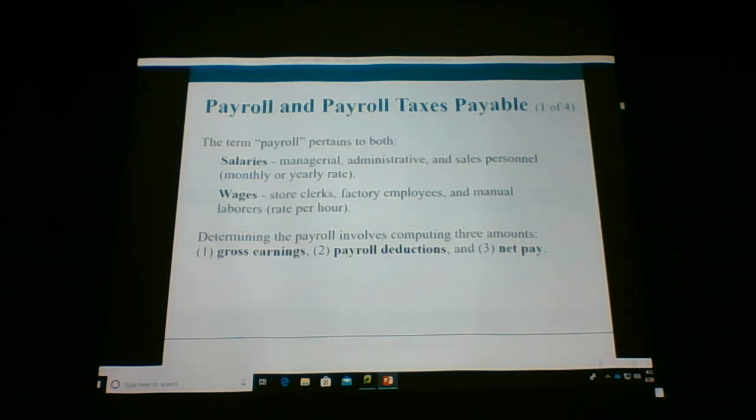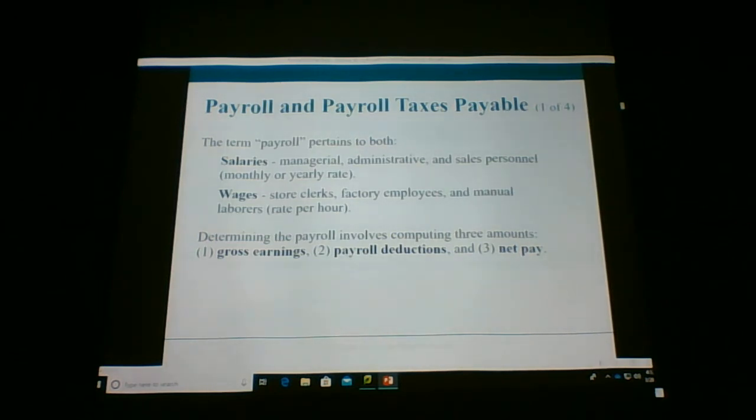So what? Why does that matter? It matters because as soon as you have worked that first week, your employer has an obligation to you in the form of a liability, okay?